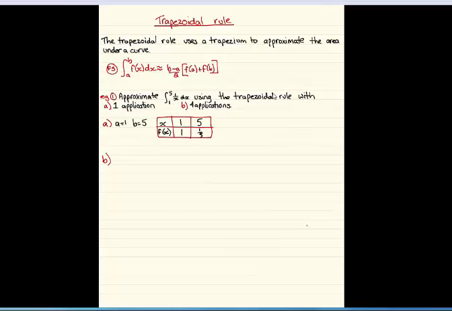Okay, so to approximate our integral from 1 to 5 of 1 over x dx with one application, we say, well, that is equal to b minus a, so 5 minus 1, all over 2, outside of f of a, which is 1, plus f of b, which is 1 over 5.